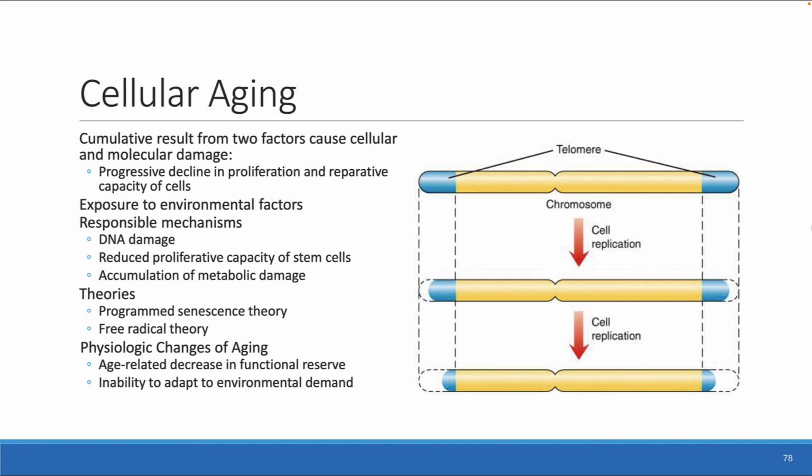Last thing for us to consider with the cells is this idea of cellular aging. Remember, these telomeres are at the end of the chromosomes, and every time that a cell replicates, that telomere gets shorter and shorter. And at some point, it will no longer replicate because the telomere has been expended.